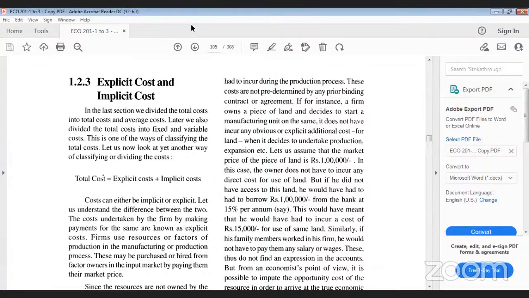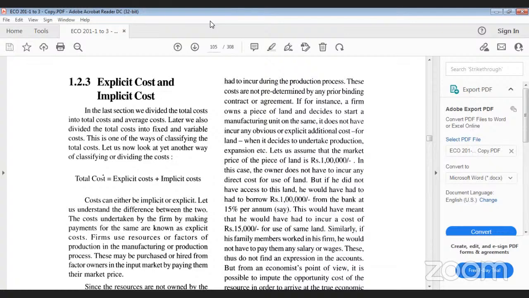If, for instance, a firm owns a piece of land and decides to start a manufacturing unit on the same, it does not have to incur any obvious or explicit additional cost for land when it decides to undertake production, expansion, etc. Let us assume that the market price of the piece of land is rupees 1 lakh.